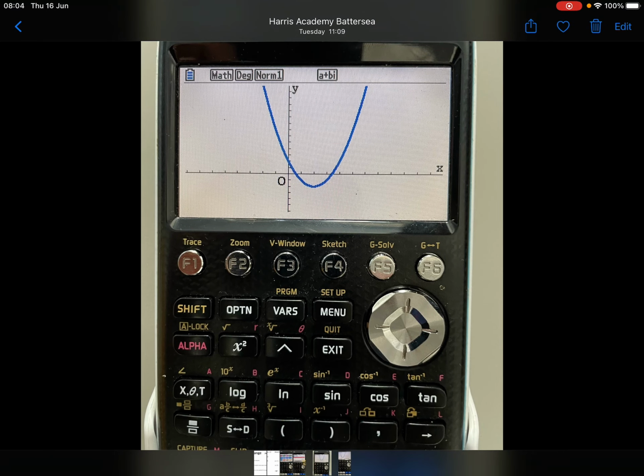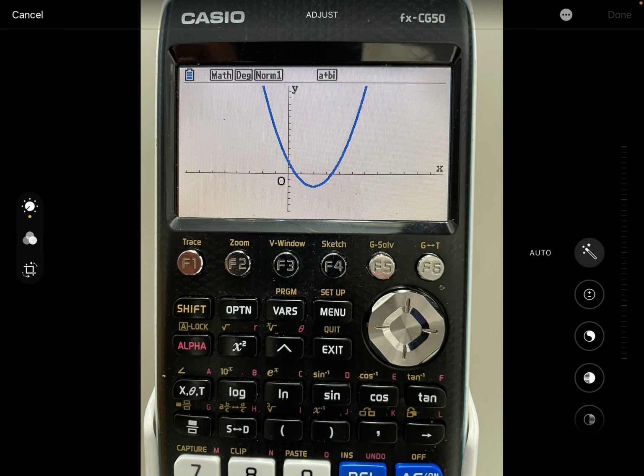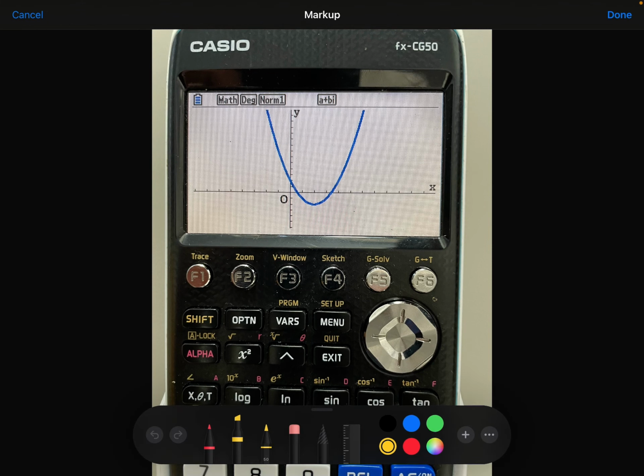You should get this option here. This is what it should look like. At the moment, your scale might be a bit funny. To adjust your scale, you want to click the V window button, and that will allow you to change the scale on your axes. Come and see me if you need me to show you how to do that. Then the next thing you want to do is click the trace button.